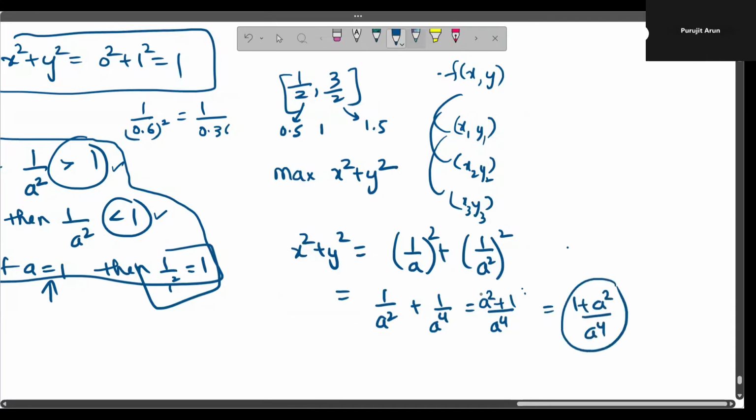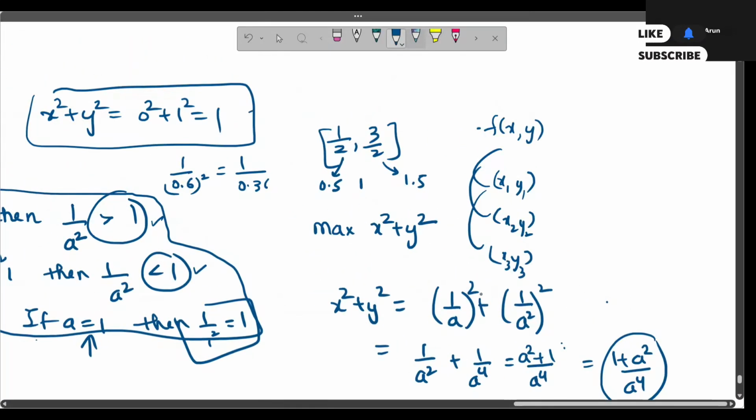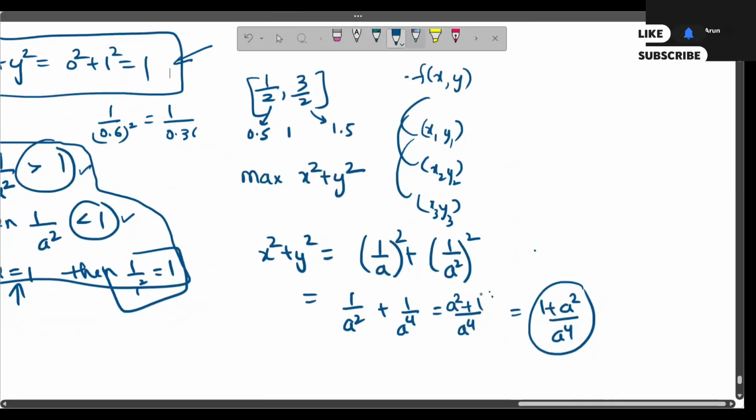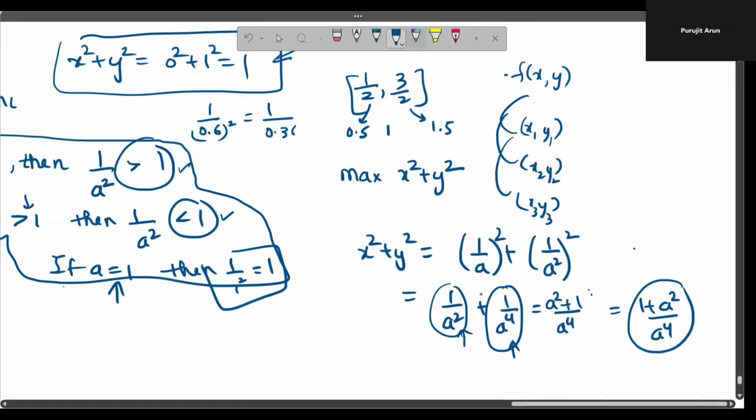Now I'll substitute various values of a from 1 by 2 to 3 by 2, right? And you will see that the maximum is this. 1 is the maximum, because you can see that it has greater denominators. The maximum value of a is what? 1.